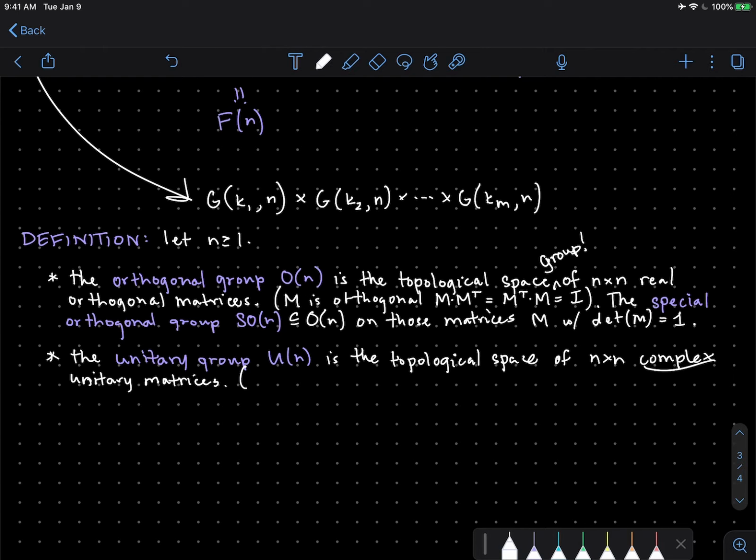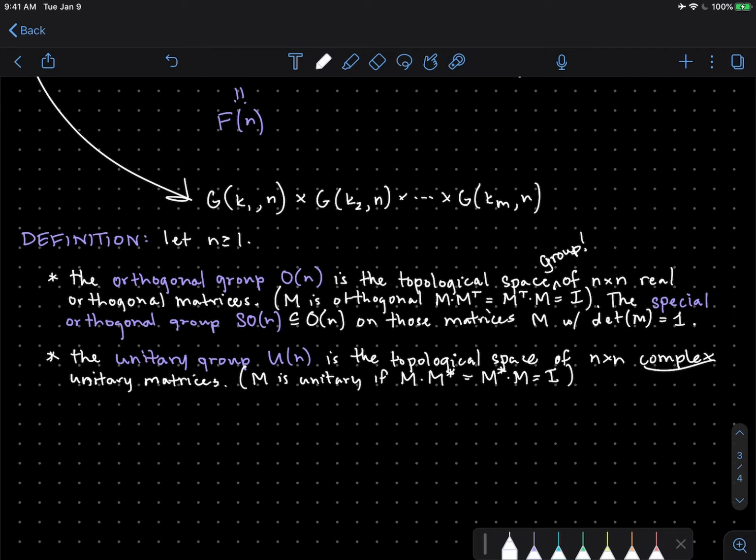So again, let's remember that M is unitary if when you multiply M with its conjugate transpose, calling it M upper star, this is equal also to M upper star times M equals the identity. The conjugate transpose is where you take the conjugate of each entry of the matrix, and then you take the transpose.